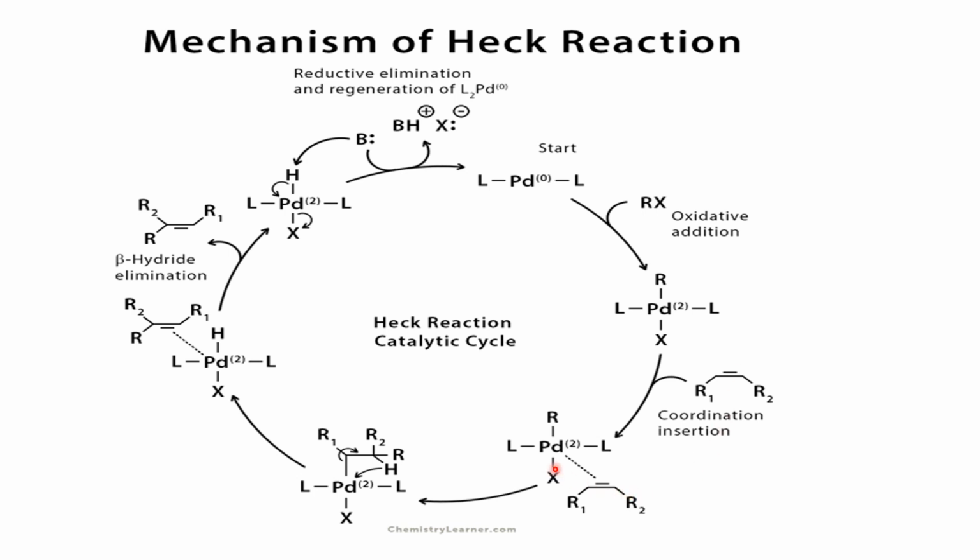Here it is a pi complex. I have R1 and R2 pi complex. Now this double bond, which is a pi complex, gets attached to palladium. That means this double bond carbon atom gets inserted between palladium and the R bond.